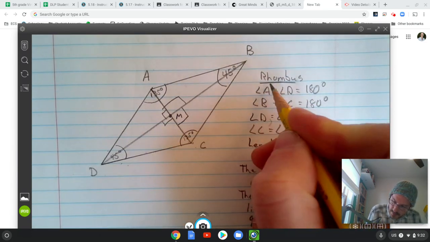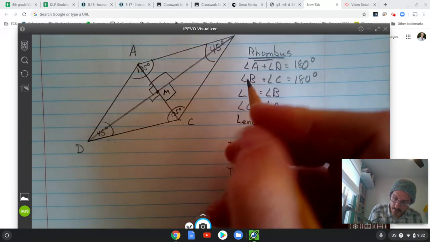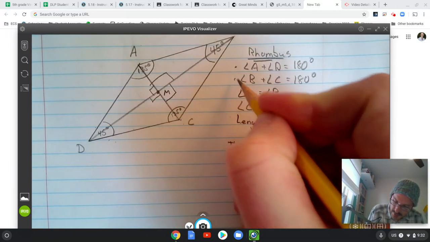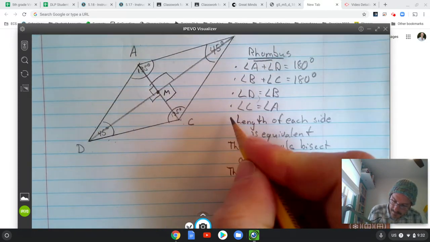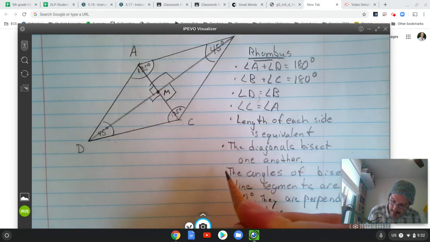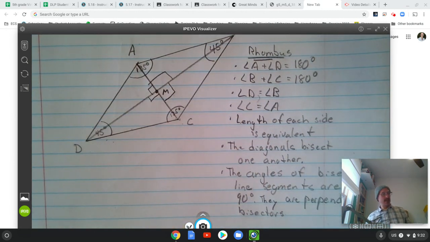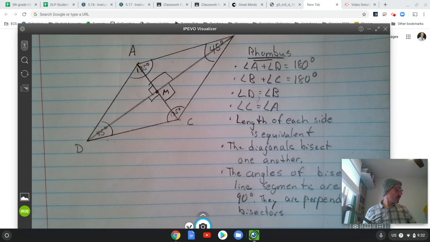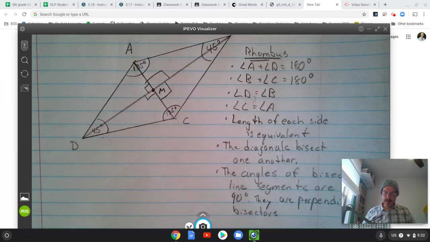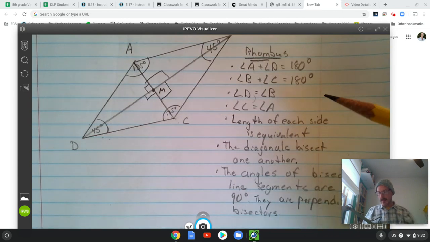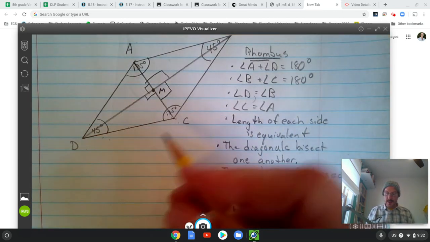We have a bunch of really important and good notes about a rhombus. And in particular, we have some important notes about how a rhombus is different than a parallelogram.